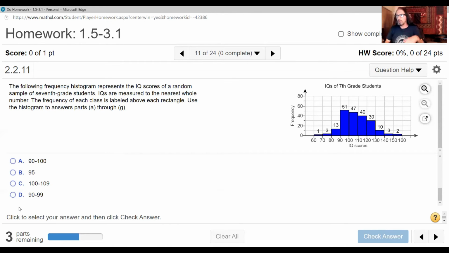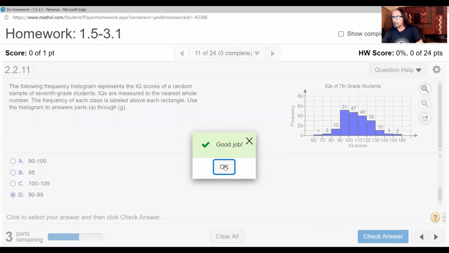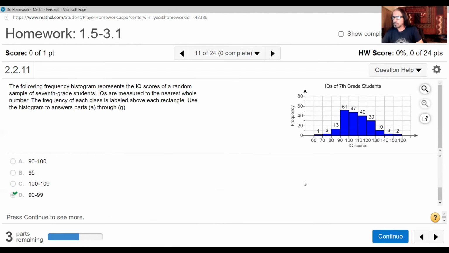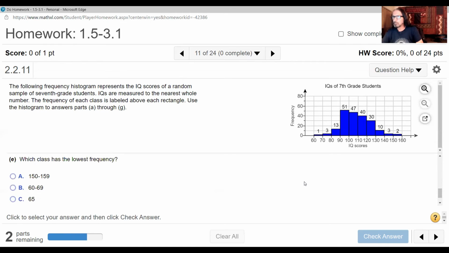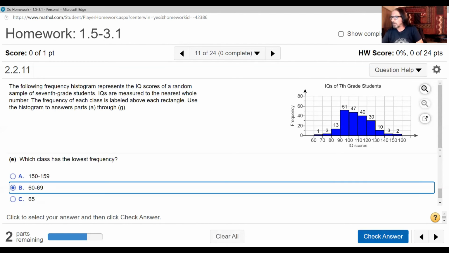That is the 90-99 class, meaning scores that are at least 90 but less than 100, so 90, 91, 92 on up to 99. And which has the lowest frequency? I believe there's one with a frequency of just 1, the very first one. That's the 60-69 group.